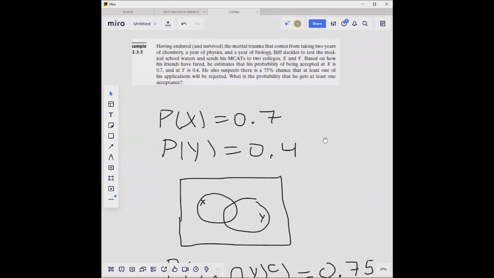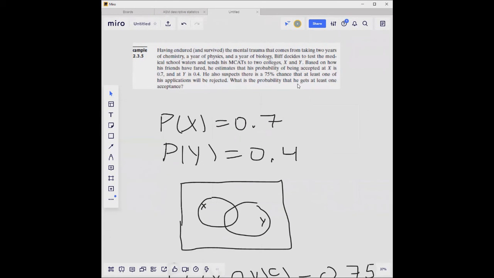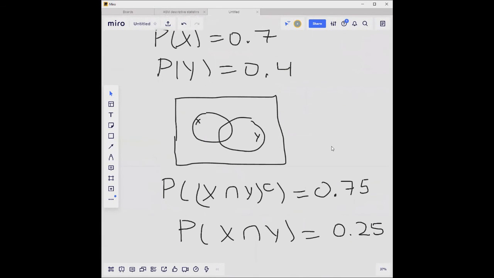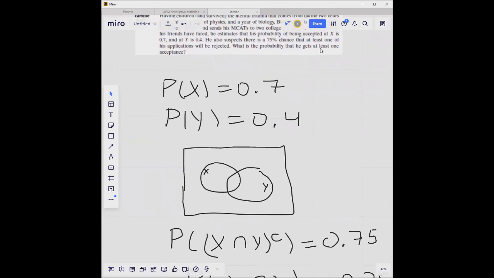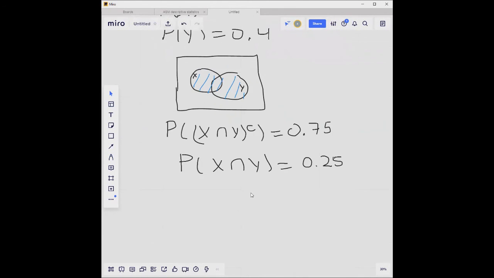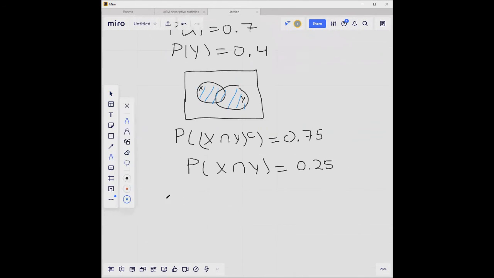All right, so a question is, what is the probability that he gets at least one acceptance? Let's come back to our Venn diagram here. At least one acceptance can be defined as union of X and Y. We know by our theorem that probability of union of two events is probability of X plus probability of Y minus probability of their intersection.